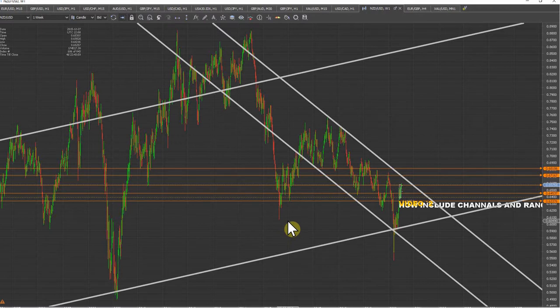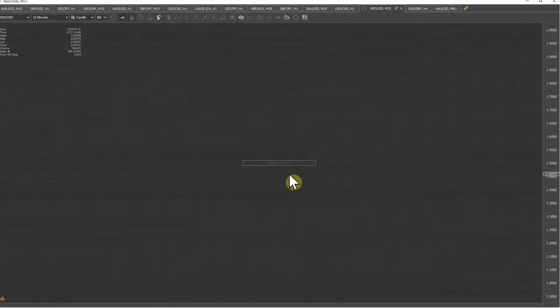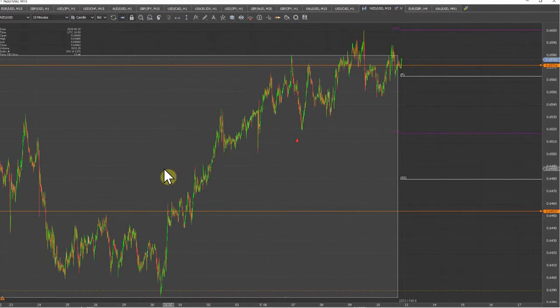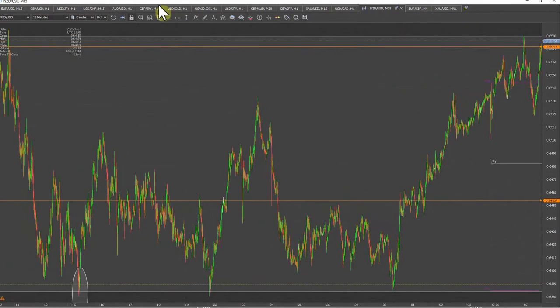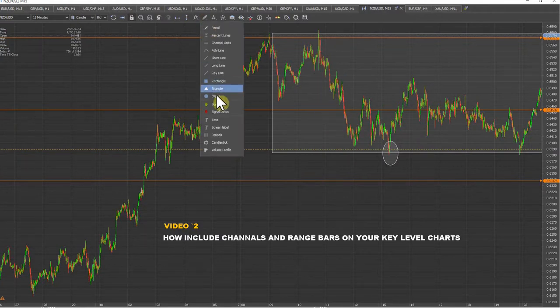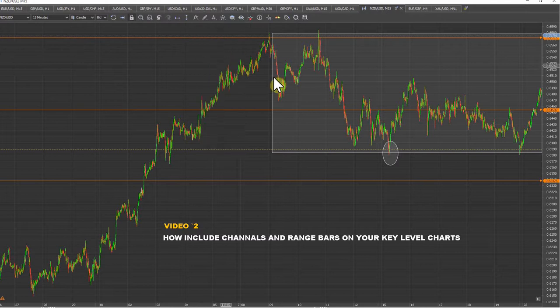For instance, if we go to a smaller time frame, 15 minutes, I'll show you an example of the short-term trend. You can see that's a short-term trend as the market moves here. I'll give you a little line on that so you can see it. Short-term trend.